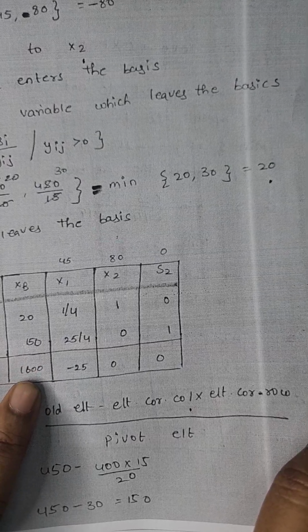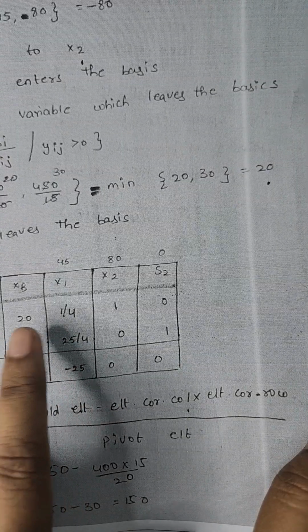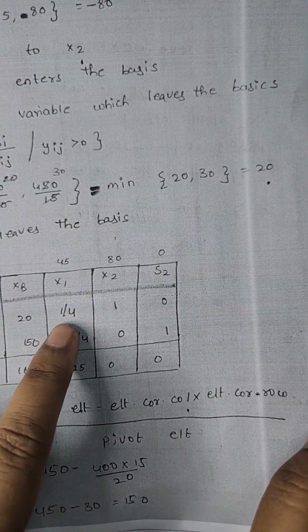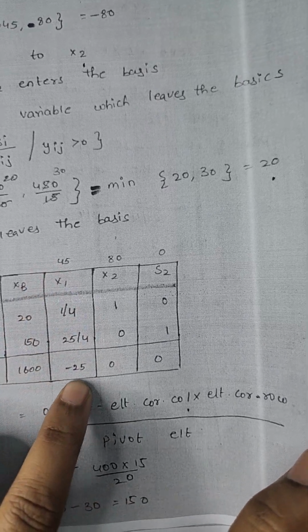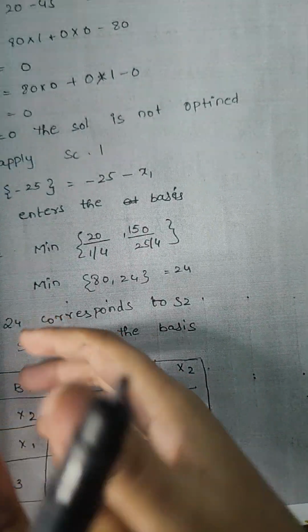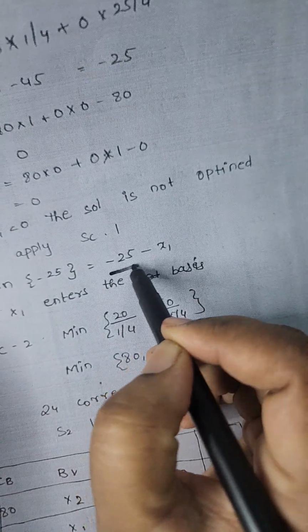So this is 1600. And again 80 into 1 by 4, 80 by 4 is 20. 20 minus 45 is minus 25. So this is a negative element. Again we have to repeat the process, because one of the zj minus cj is negative.